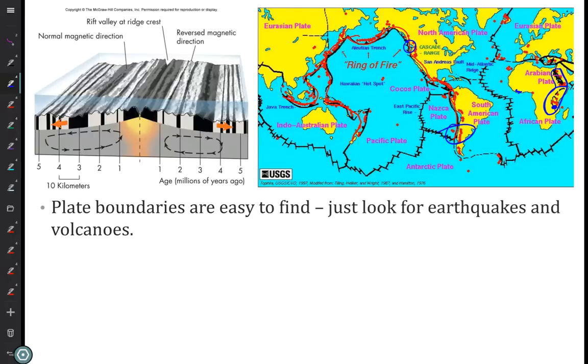Yes. So if you look at this, you can see that the Earth's magnetic field apparently has reversed over and over in time. In fact, the average time for reversal of magnetic fields is somewhere around every 200,000 years, the Earth's magnetic field changes polarity. What was the north magnetic pole becomes the south. What was the south magnetic pole becomes north.